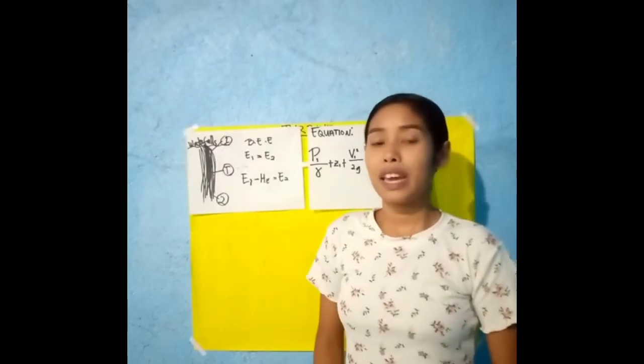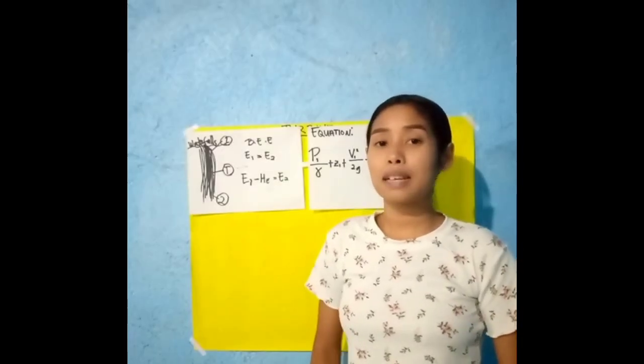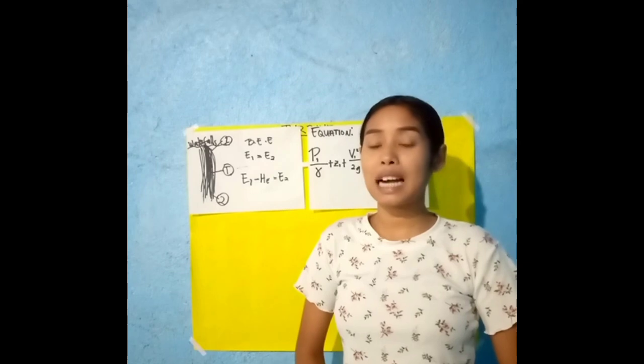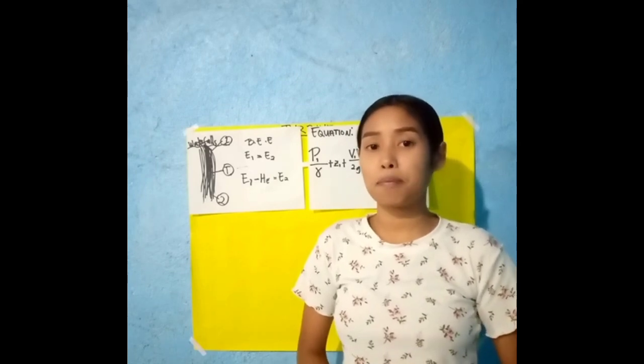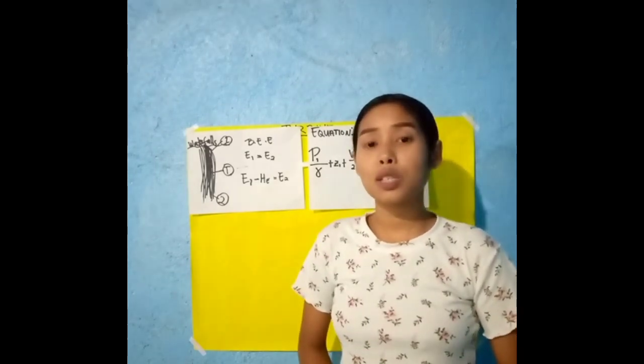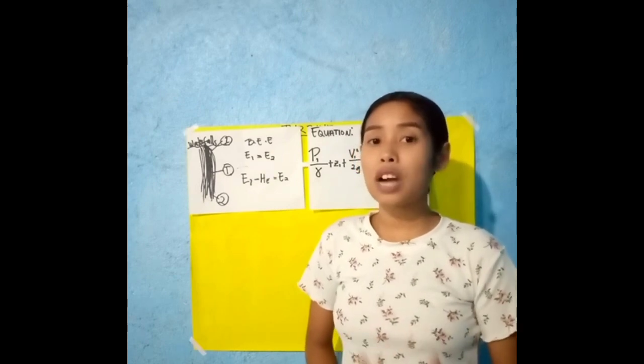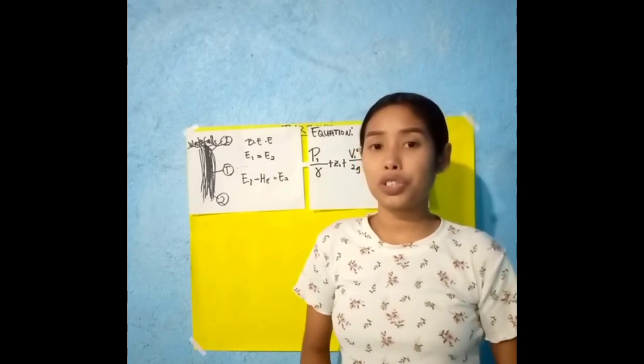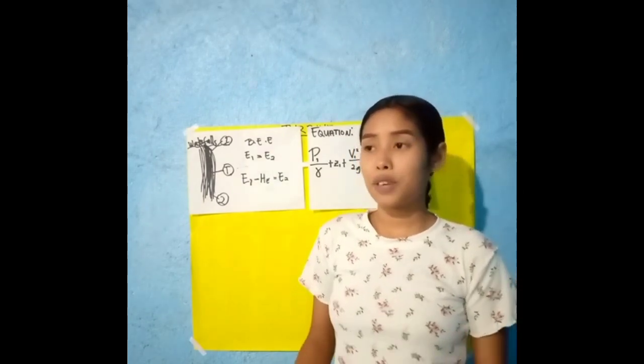We could also have a head loss. Our head loss can be due to friction na nasa loob ng ating pipes if ito ay magaspang. If we have head loss, we only need to subtract it from our energy equation. So let us consider if we have head loss.